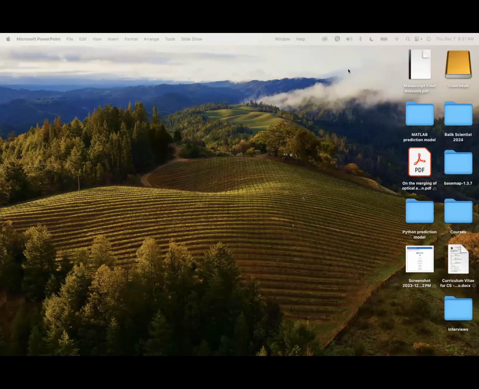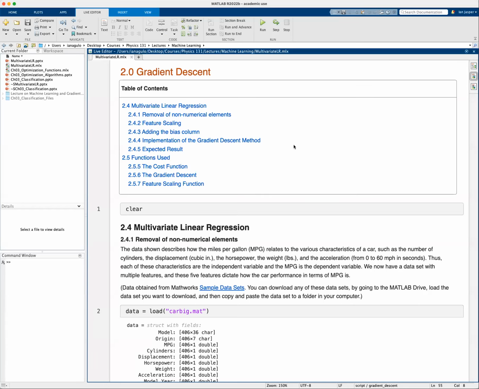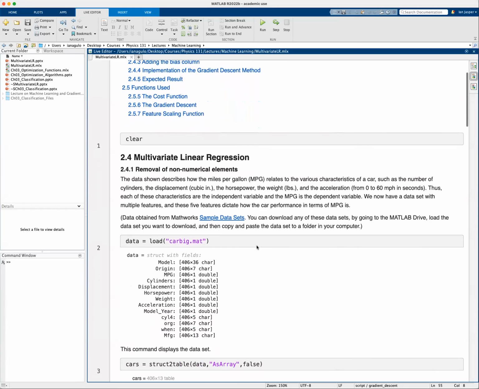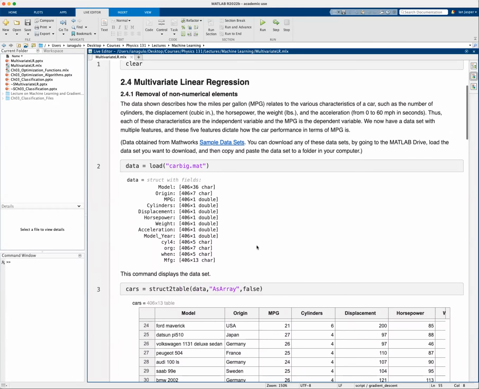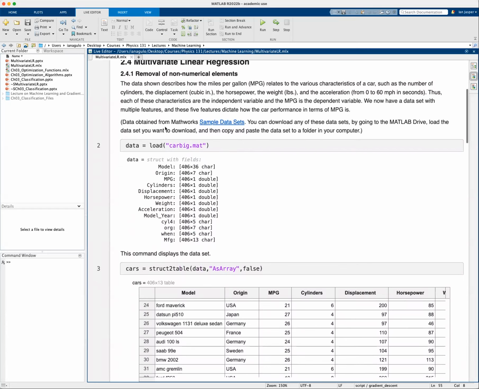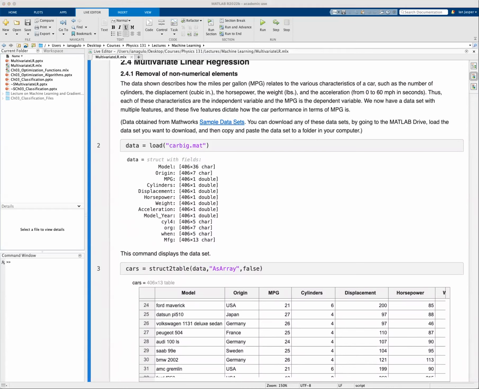Okay, so share natin ngayon itong MATLAB. So this is yung MATLAB implementation ng multivariate linear regression. Itong dataset na ito is available in MATLAB. It's one of the many sample datasets sa MATLAB. So pag click nyo to, pupunta kayo sa website para makita nyo kung ano yung mga iba't ibang dataset.